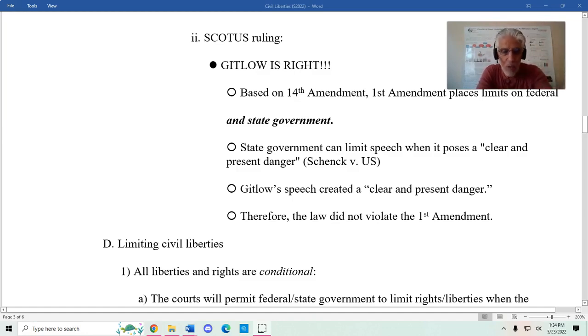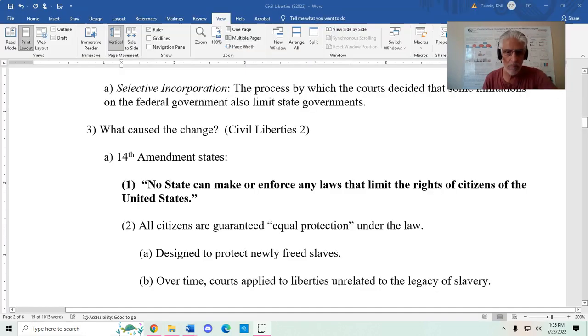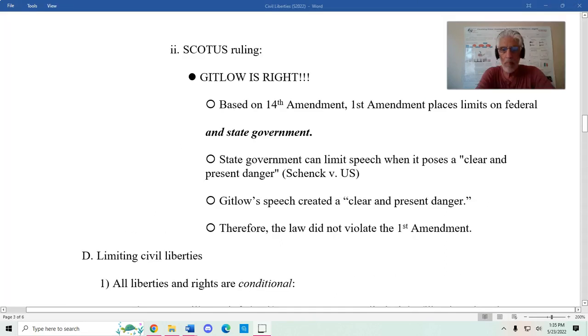They looked back at the wording on the 14th Amendment, and I'll show it to you again. Remember, it says, no state can make or enforce any laws that limit the rights of citizens of the United States. Okay, so let's go back to the court case.